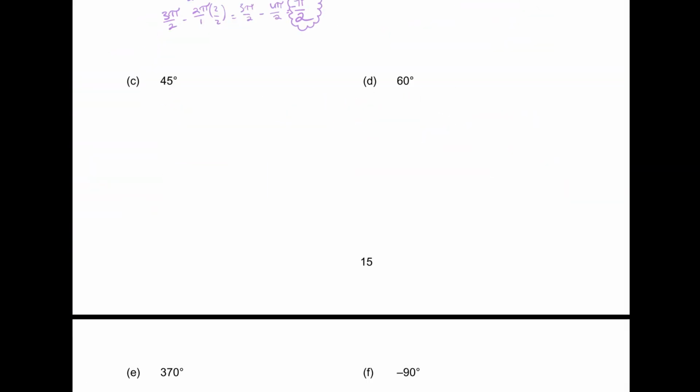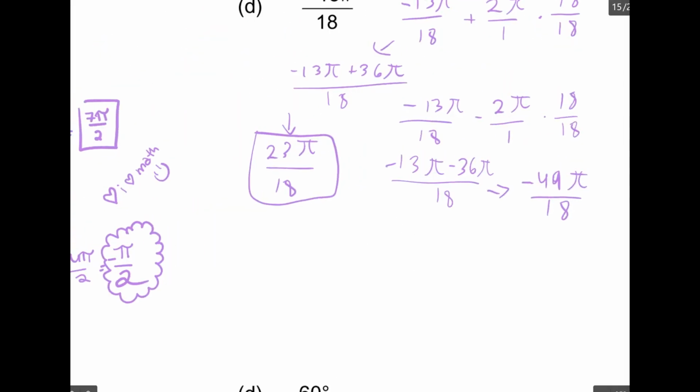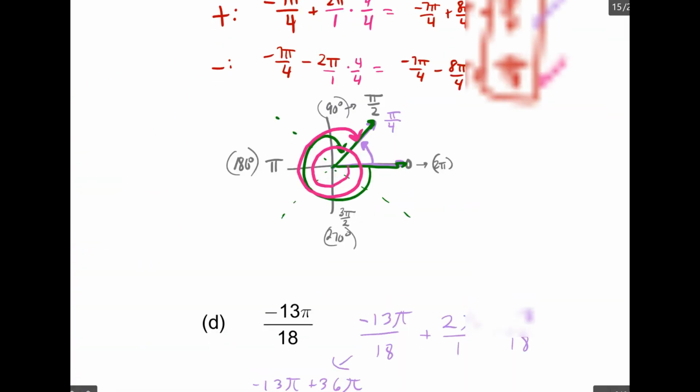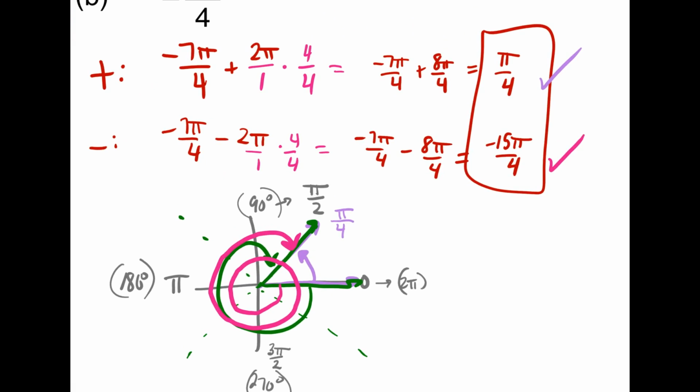How did you graph the negative coterminal for B? So negative 15 pi over 4. I started at the initial, and I'm going in the negative direction, so negative is clockwise, and I counted by fourths. So between 0 and pi, I split it into fourths, and I just counted by fourths.